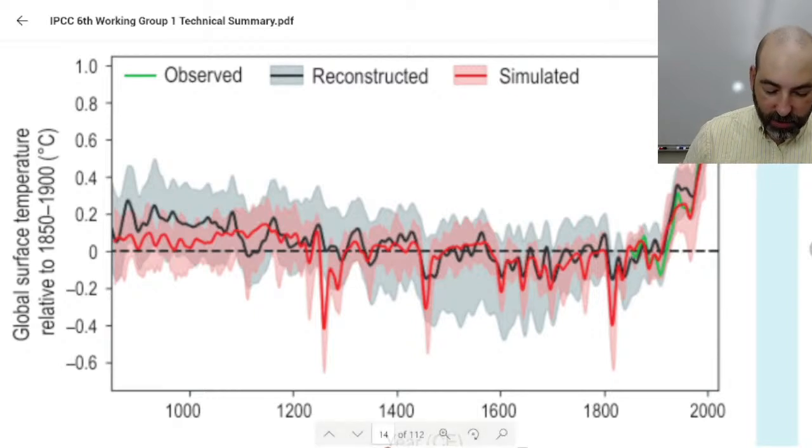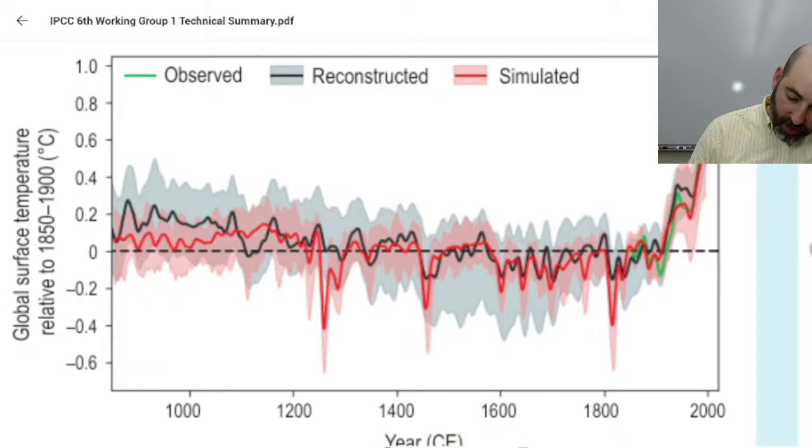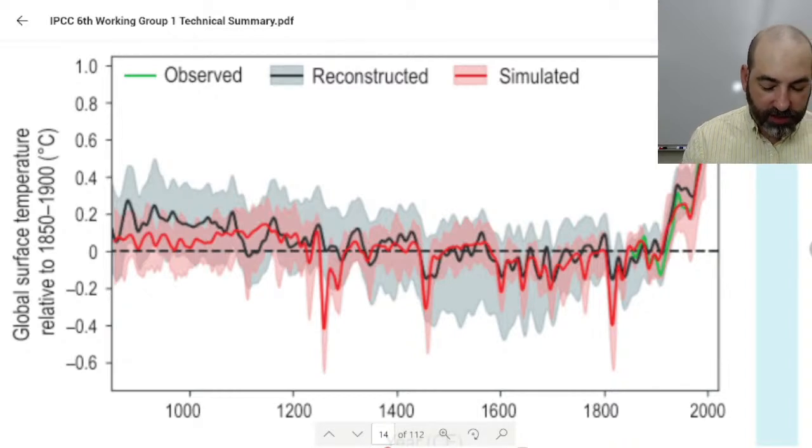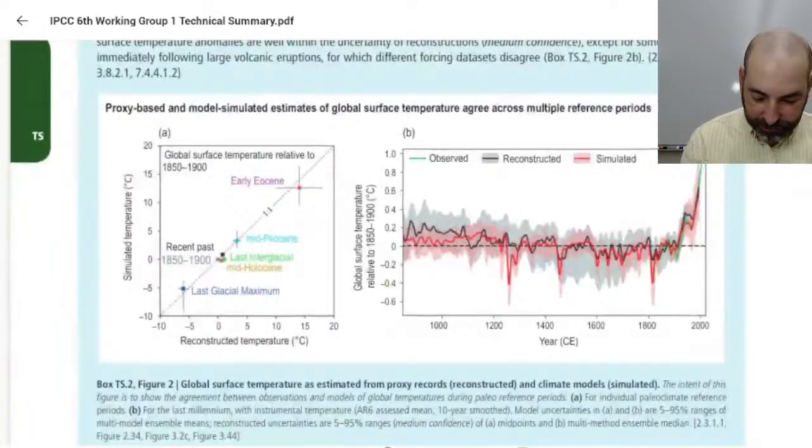Because of course we've only observed the global surface temperature since the middle of the 19th century. So we don't have direct observations. These older observations of the temperature come from other types of ways we've reconstructed that through ice core data, things like that. So we can get a sense of how well our observations work or mirror our simulations and reconstructions.